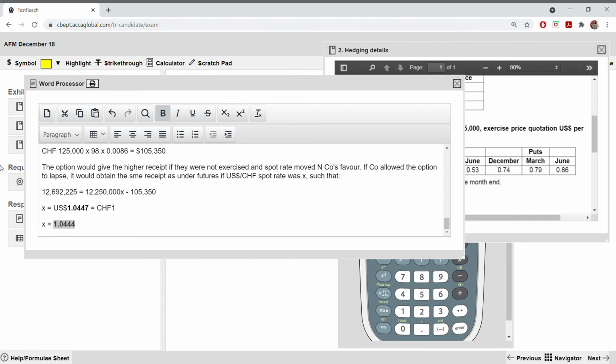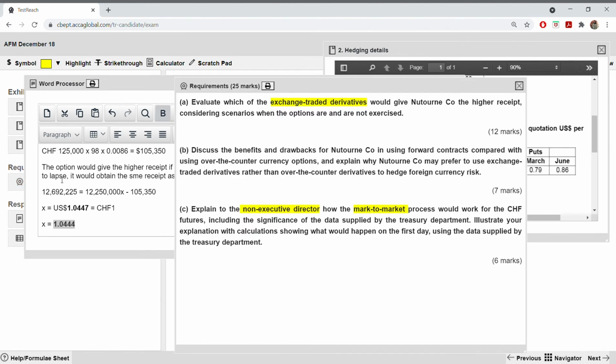Now let us read the requirements again to see whether we have understood them and answered completely. Evaluate which of the exchange rate derivatives would give the higher receipt, considering scenarios when options are and are not exercised. Okay, so I think we have done full justice to that, right? Remember, we didn't comment yet.